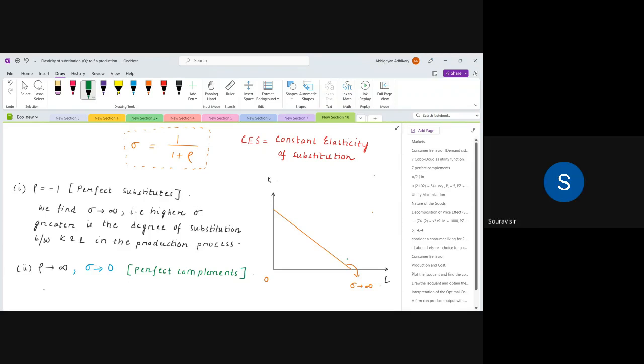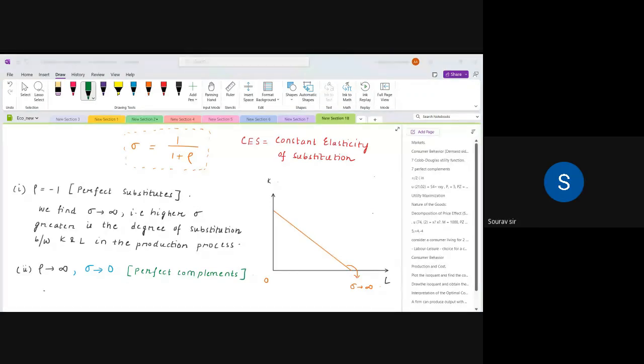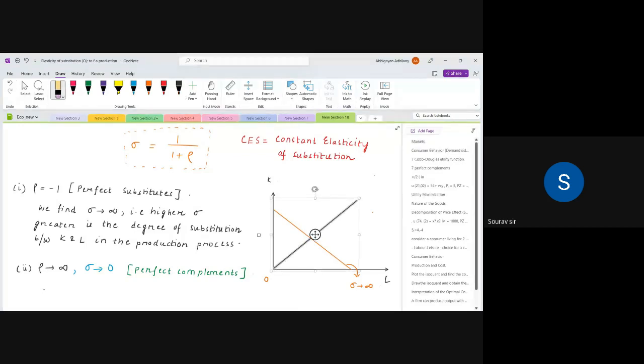Exactly. तो अगर यही same graph पे if I want to draw a perfect complements का isoquant, तो कैसे होगा? Basically we will have some dotted line और फिर एक L shaped curve. Correct?